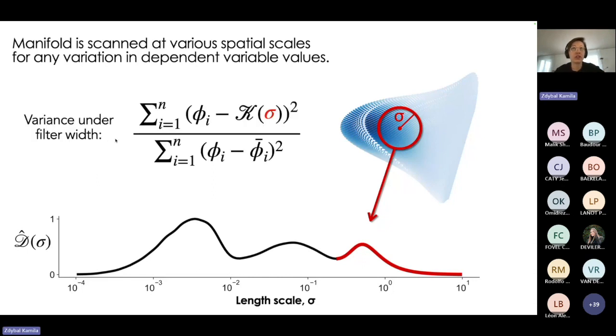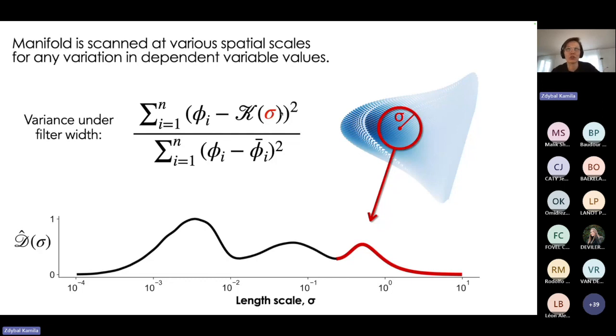And that variation is determined with this equation. So phi would be just the actual value of my variable at a given point, and k, which is a function of sigma, that's the kernel, and it's still a Gaussian kernel. Just like you saw in t-SNE, that's kind of the same notion.